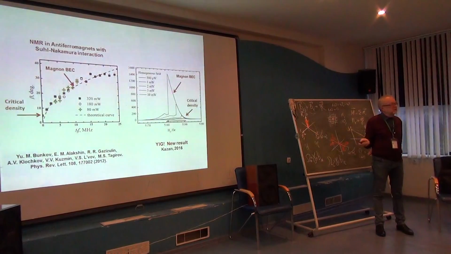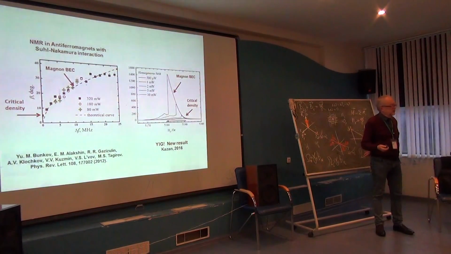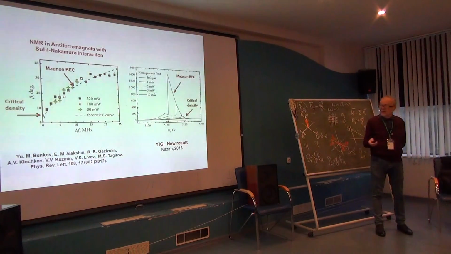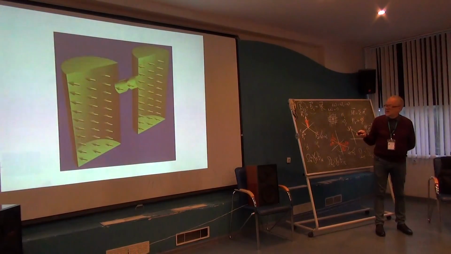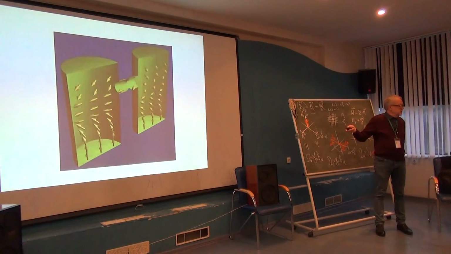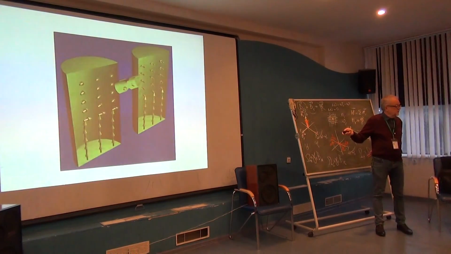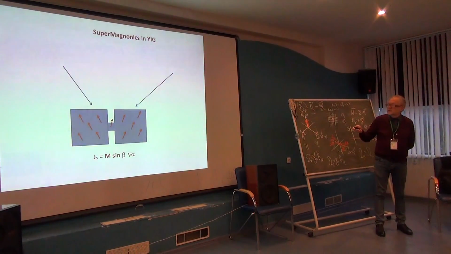So, in yttrium iron garnet, we can make not a gas of magnons, we can make a liquid of magnons. And this liquid is coherent, so it's a superfluid of magnons. It means that the same phenomena we can do in ferrite films.